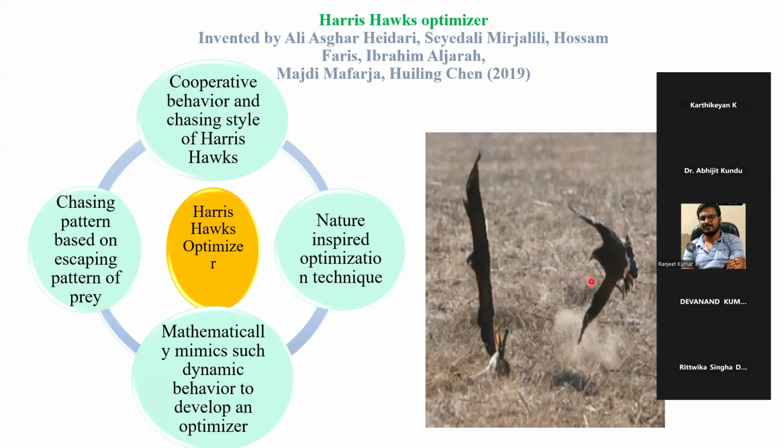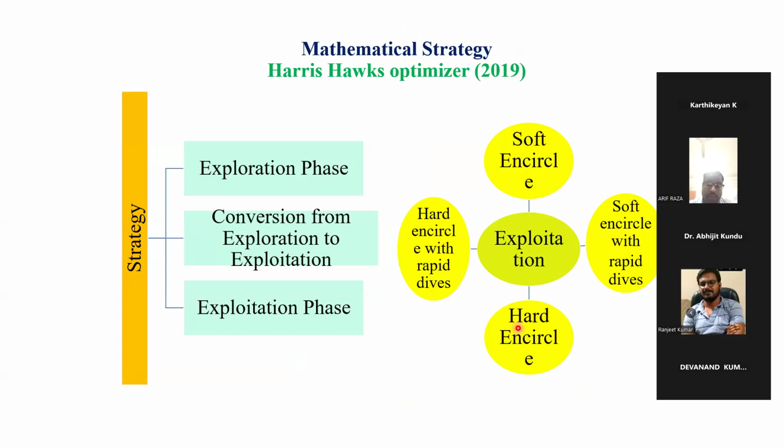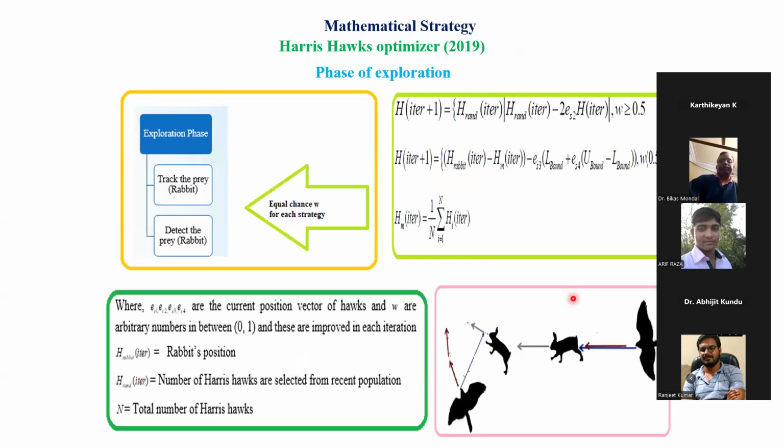You can see in this picture the Harris hawk hunting a rabbit. There are two types of behavior, the soft besiege and the hard besiege. At first, the Harris hawk searches for the rabbit from the upper direction.